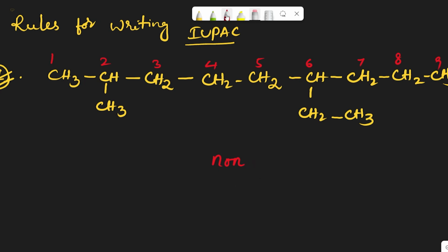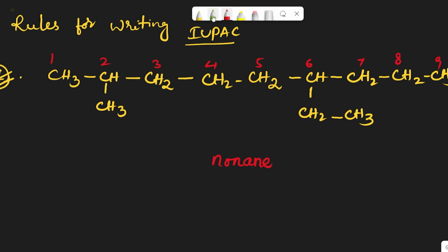Now here one more point, all are single bonds only, which means it is alkane. So that's why without doubt I can write it as non-ane. Now there is no suffix. Is it okay? No functional group is there in the given compound. So you need not write the functional group. You need not mention the suffix.